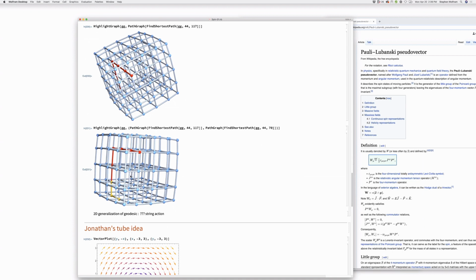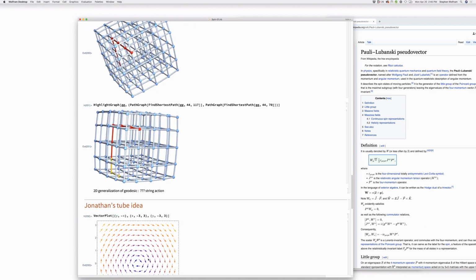But my claim would be that what will lead to that angular momentum is some kind of cycle in this graph. Speculation. And further speculation that somehow the presence of that cycle in the graph is what in the continuum limit corresponds to pi1 homotopy. In other words, the presence of some vorticity type thing.